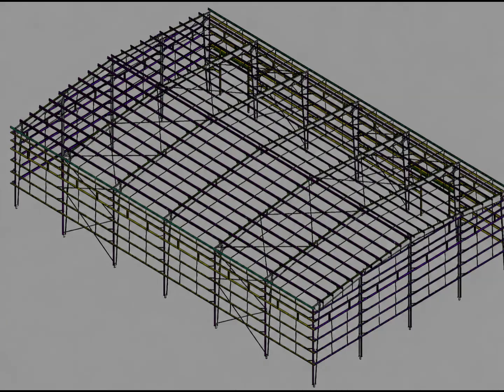Why is this tracing process important? Because a complete PEB model contains a very large number of structural members. The main columns and rafters are easy to recognize because of their size. The purlins and girts are also relatively easy to identify because of their repeated arrangement.